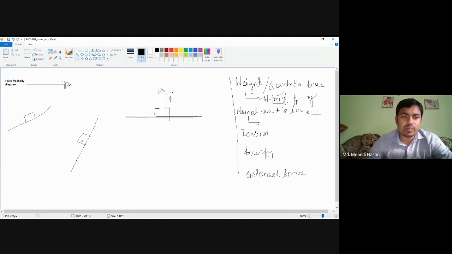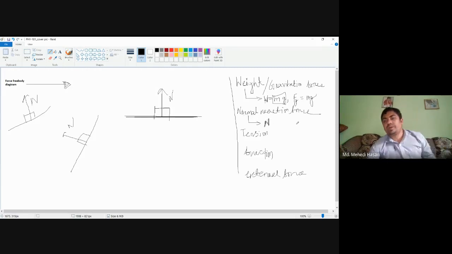So the normal reaction force is always perpendicular to the surface, and it is denoted by N. This normal reaction force has no particular value; it will vary depending on the given system.